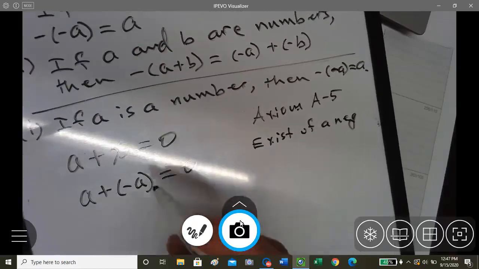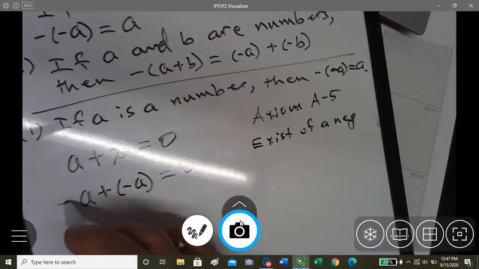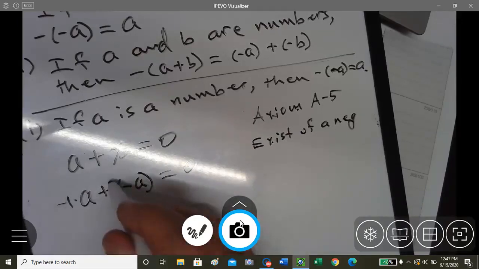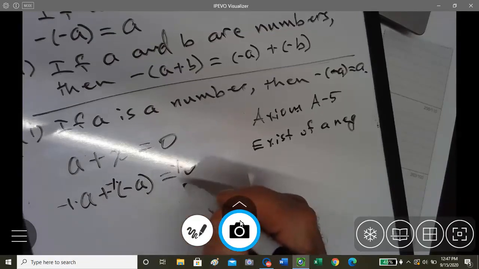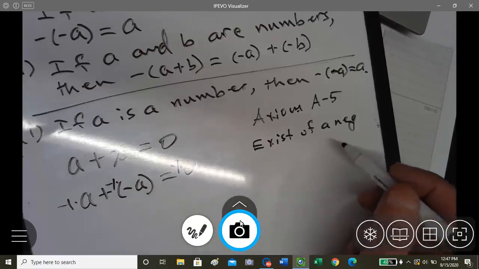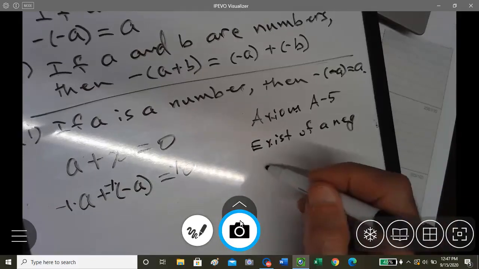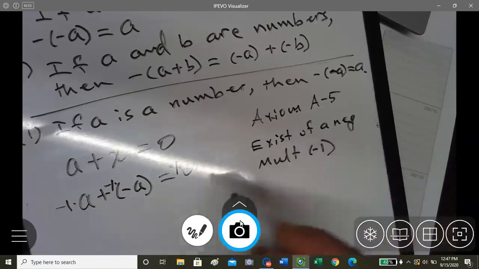And then we multiply by negative 1. And basically we're just multiplying negative 1.